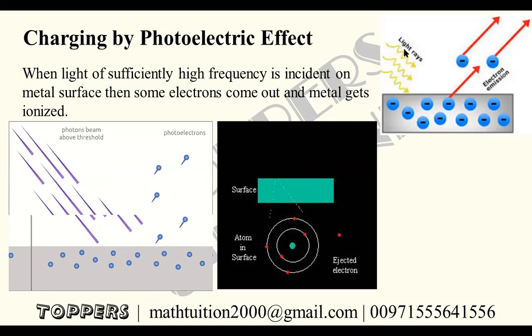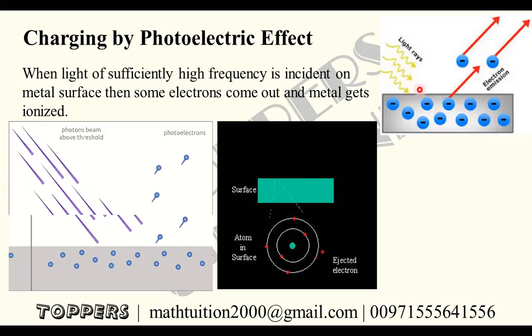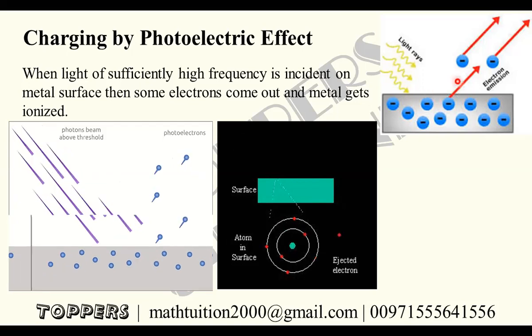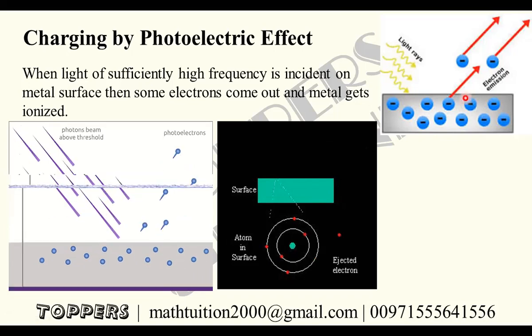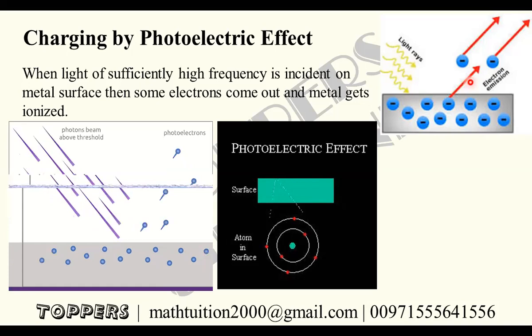When the light falls on this, photons with sufficient threshold energy hit the surface and the free electrons are emitted. Electron emission is taking place. So there will be a deficiency of electrons. So we can say this body has a positive charge. This is one way.